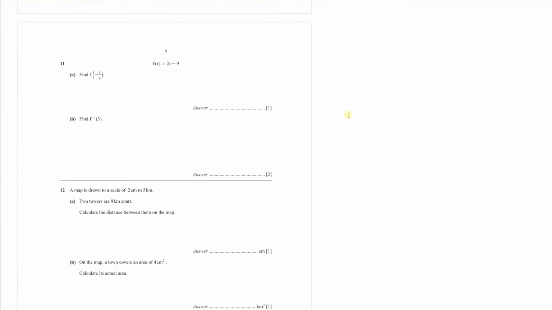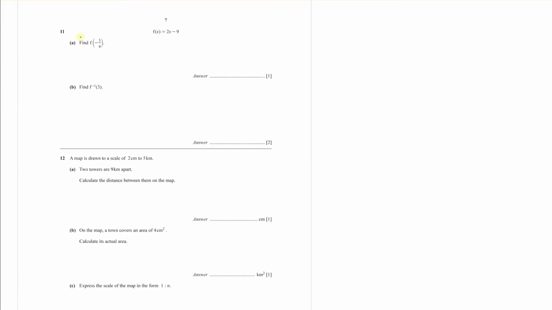Let's move on to the next question, question number 11. We have been given a function f of x equals 2x minus 9. Find the value of f of minus 3 by 4. So f of minus 3 by 4 would be equal to 2 into, you substitute the value in place of x. So you get 2 into minus 3 by 4 and then minus 9. So if you multiply 2 inside, I can actually cancel this with this. So you get minus 3 by 2 minus 9.